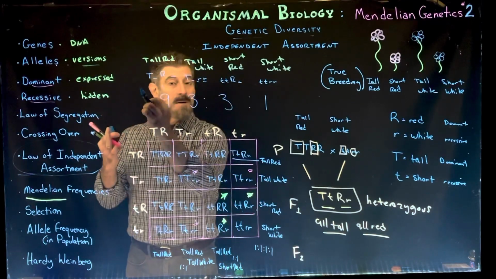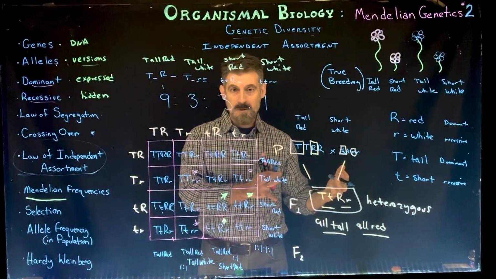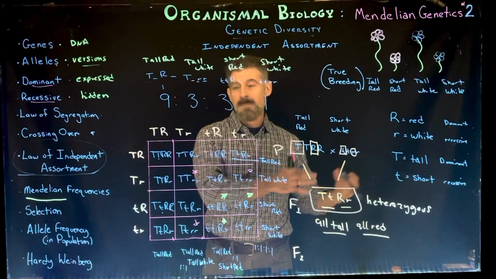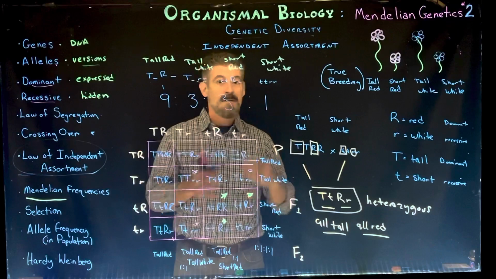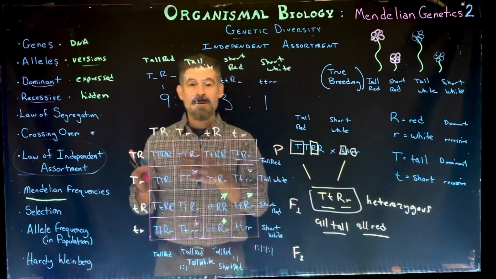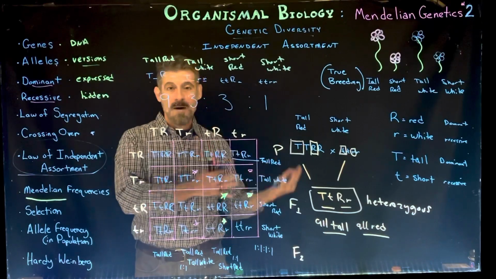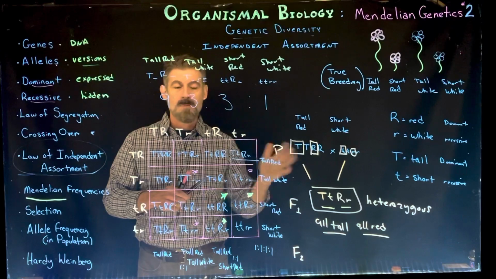We do know we have one of those genes. We don't know if we have the others. So what we'd have to do is cross them with other individuals and then find out what are the proportions or ratios of their offspring. If they're all tall, we would know that it was homozygous for tall. If some of them are short, then we would know it was heterozygous because it had the short allele, so some of the offspring would be short. And those are separate things we could go over when I go over some actual problems.